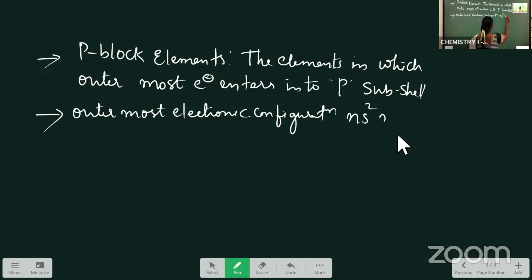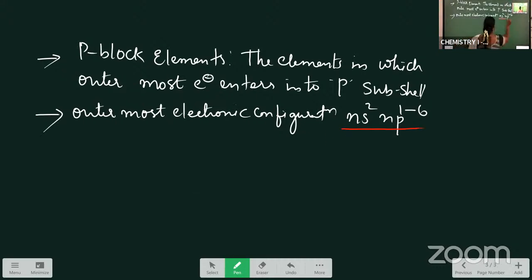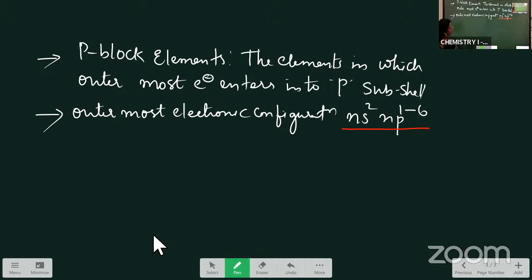The outermost electronic configuration of these elements is NS2 NP 1 to 6.